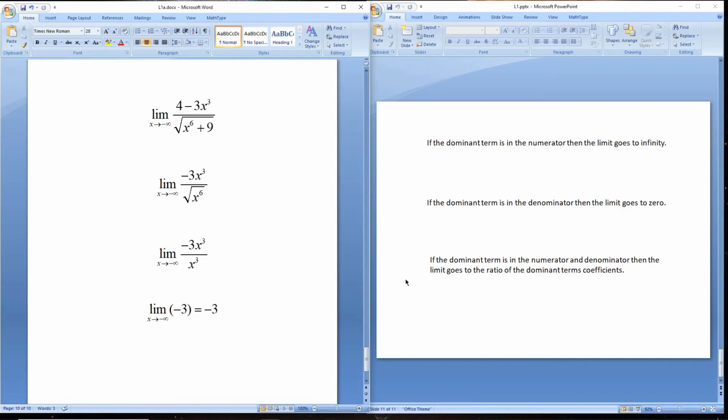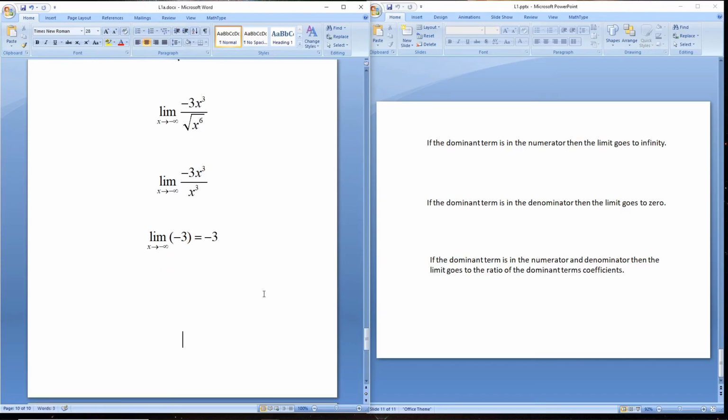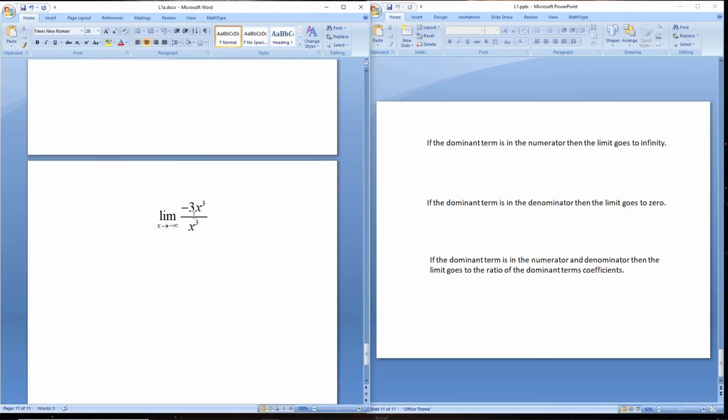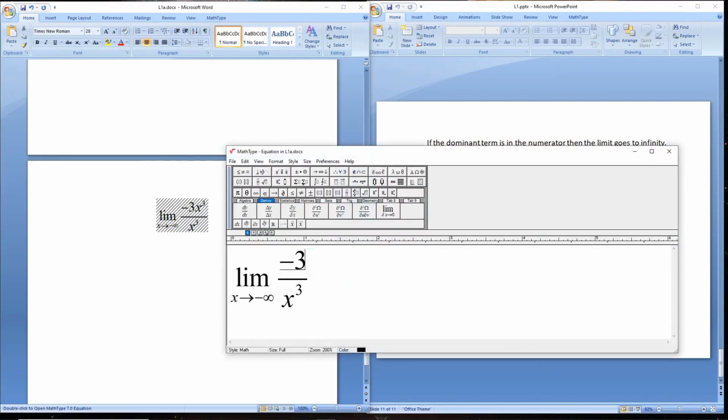And I do want to say one last thing about dominant terms, is I am only talking about x going towards infinity. So there are other ways to talk about dominant terms. For instance, if we had, let me just rewrite this really quick, say 1 over something like this, as x goes to 0.